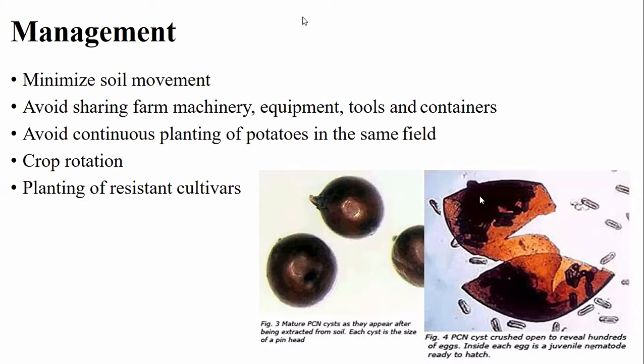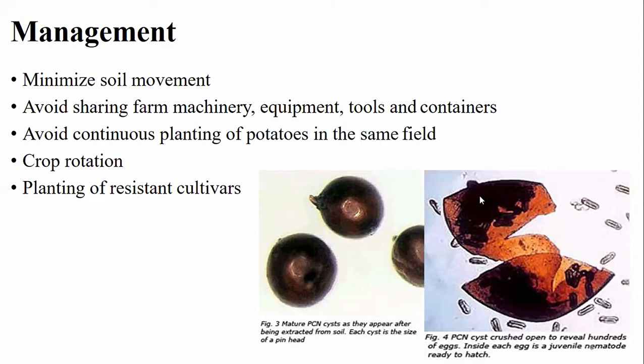Then nematode infection will start. So we have to minimize soil movement, and also avoid sharing farm machinery, equipment, tools, and containers, because those tools and equipment also contain some soil particles. Those soil particles also cause the cyst nematode infection to start.